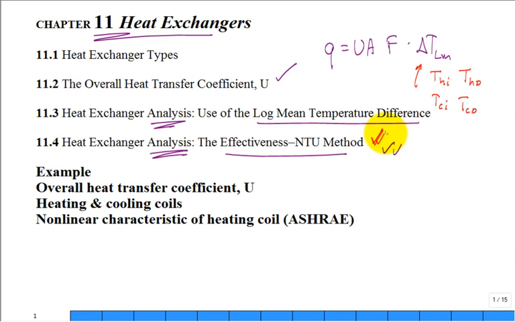All right, so I'm going to spend a little time talking about the U, talking about heating coils, and then talking about a particular application.